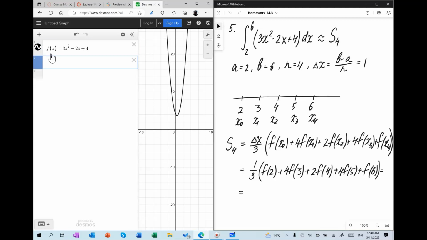And I'm going to produce the table of inputs outputs here.